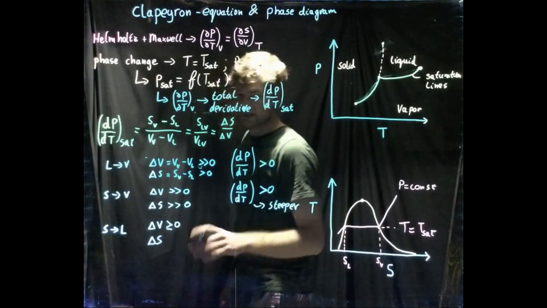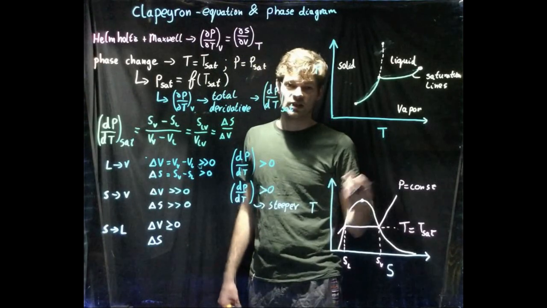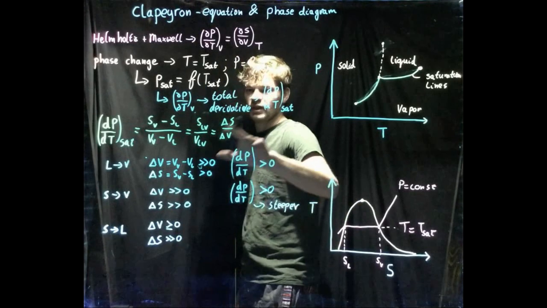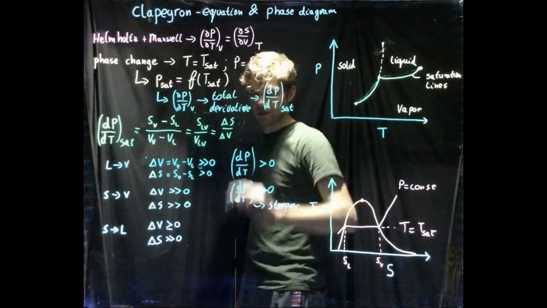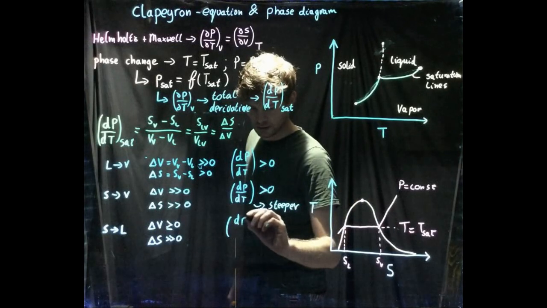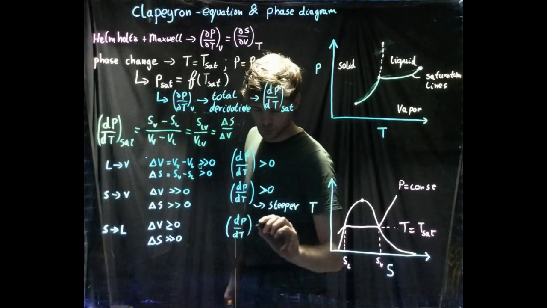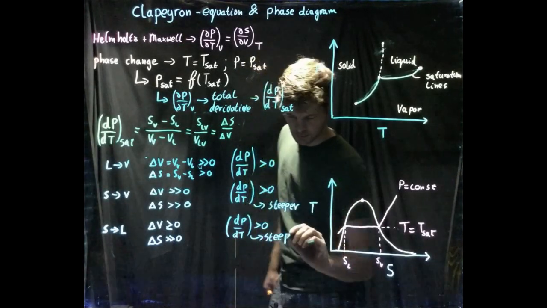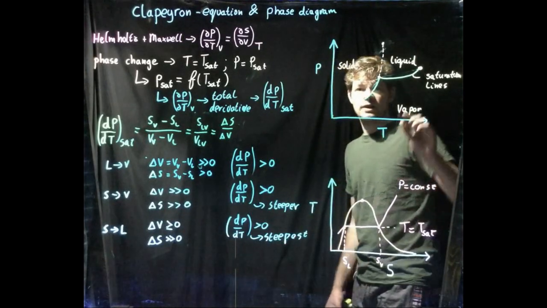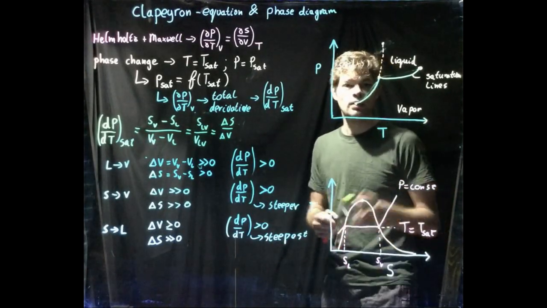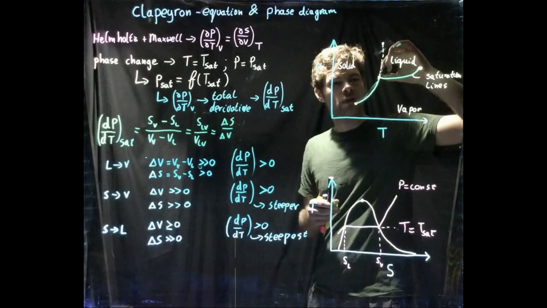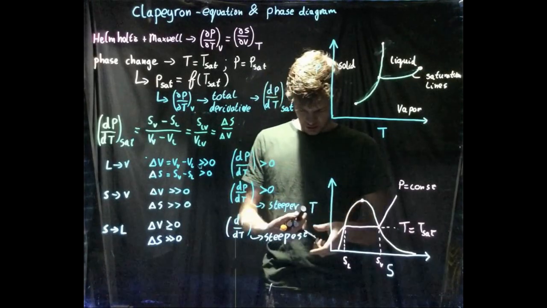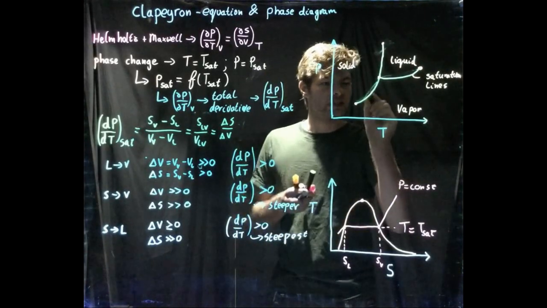So delta S, the entropy going from a fixed state to really more chaos, will be really large. So now we know that this ratio will be really large. So dP/dT will be larger than 0 and will be steepest of all of them. Steepest. Okay, now we can draw this line as well. And it will almost follow the line which I indicated.